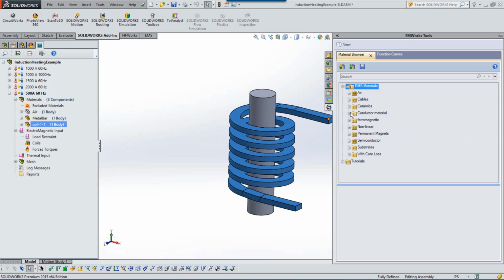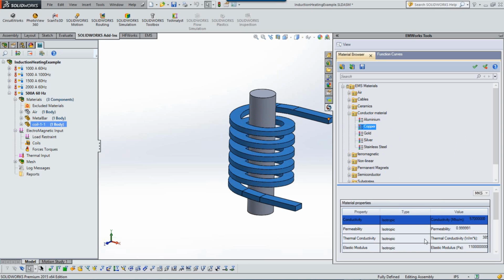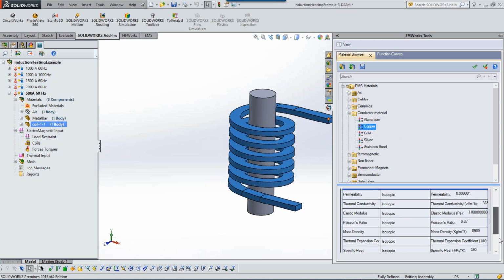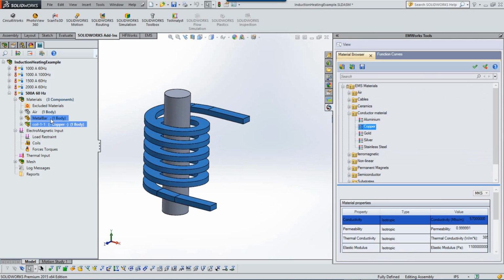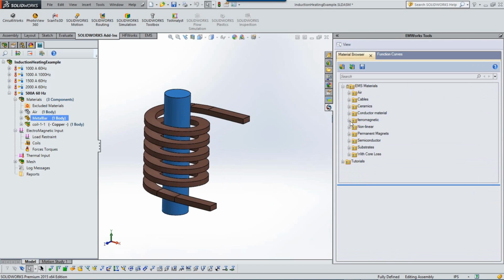For example, it's got the conductor materials here, copper. It's got the properties that are going to be used, thermal conductivity, electrical conductivity, etc. So you use the copper and you go ahead and apply the material to the coil. The metal bar is made of a ferromagnetic substance. Let's call that mild steel.